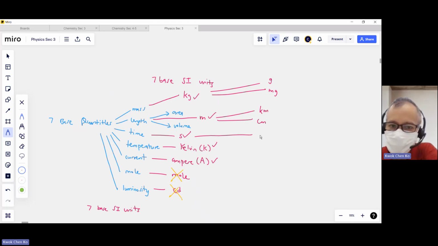Likewise, seconds can be expressed as milliseconds. There are other units for temperature, but I won't touch on them, so normally we stick to this. Of course, I also have other subunits for ampere, milliampere, and so on.